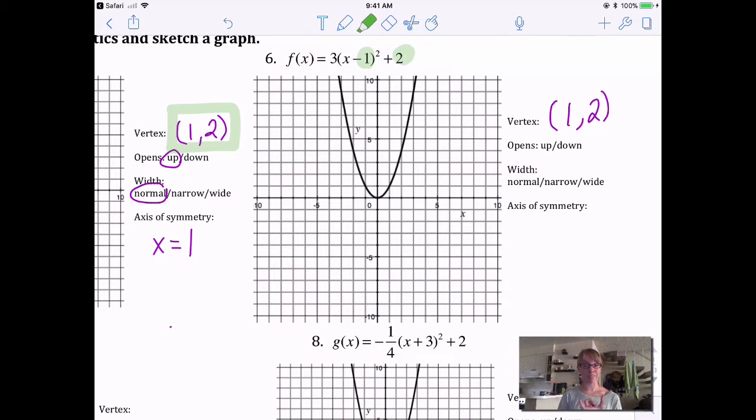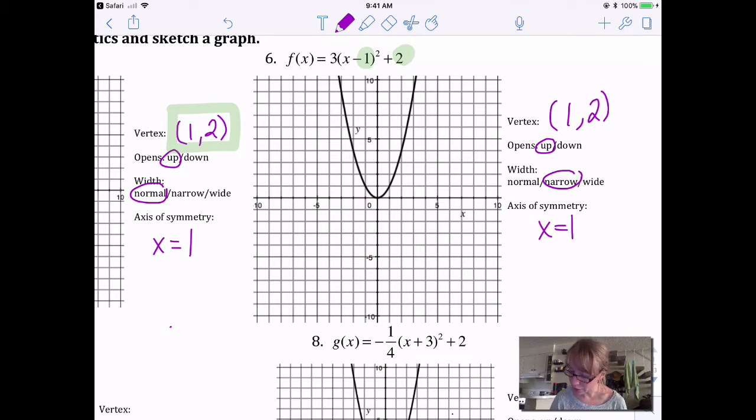Notice in the parentheses I had a minus, so I have a plus, and then my plus 2 stays the same because there is a plus k in the original equation. This opens up because the 3 is positive. But then if I think about stretching my parabola to be 3 times as tall, that's going to stretch it to be taller, which means that it's going to be more narrow. I'm stretching it up. And finally, my axis of symmetry will be x is equal to 1.